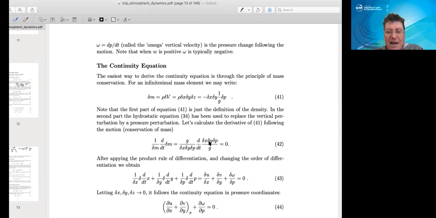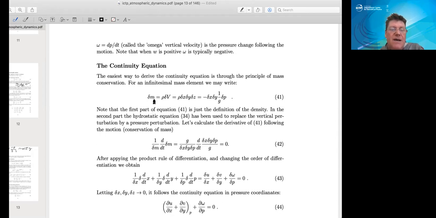I tried it several times, it's really, really complicated because there are so many terms that appear. It's much easier, and that's what we are doing here, to go back to first principles, to go back to the defining law for the continuity equation, which is we consider the conservation of mass for an infinitesimal element.